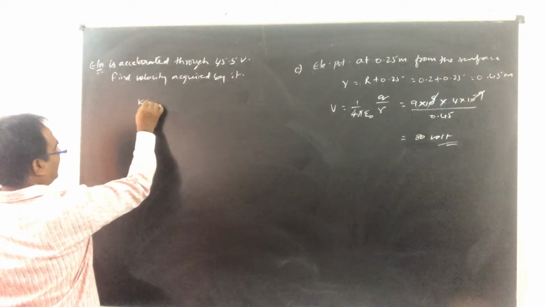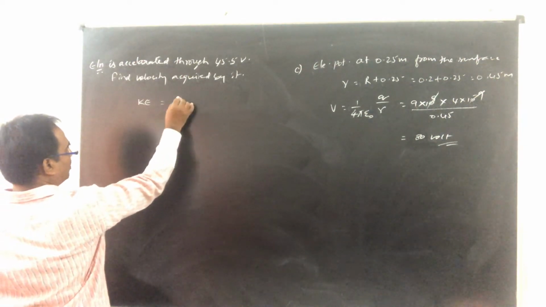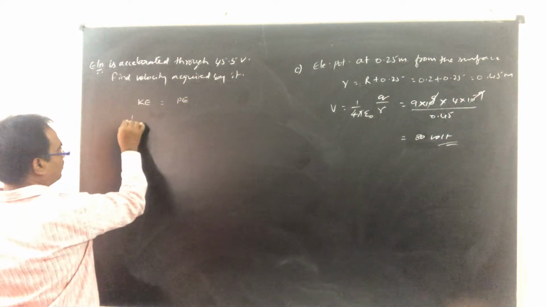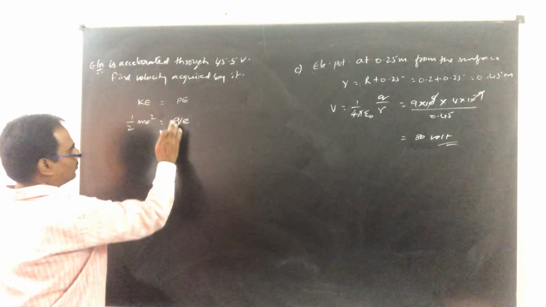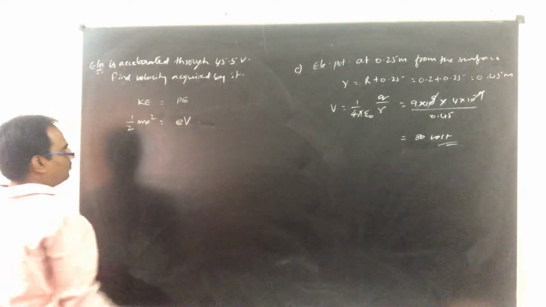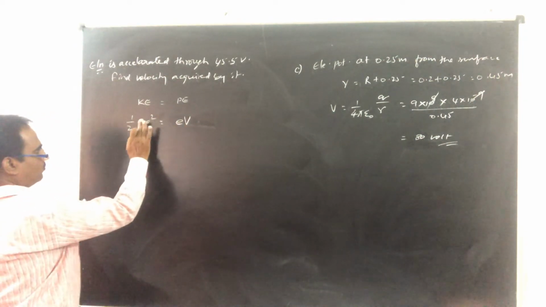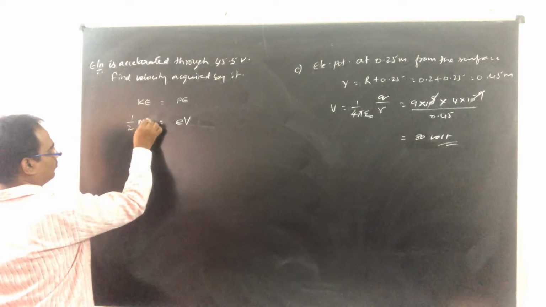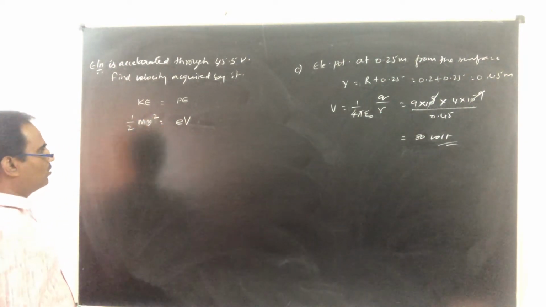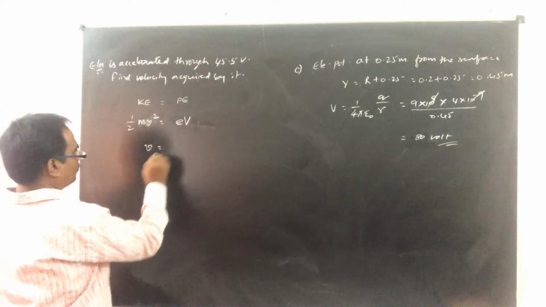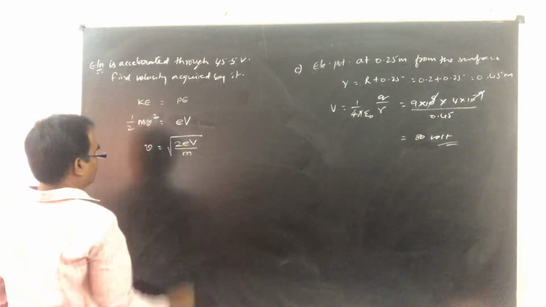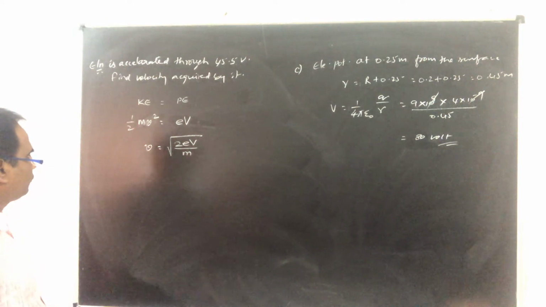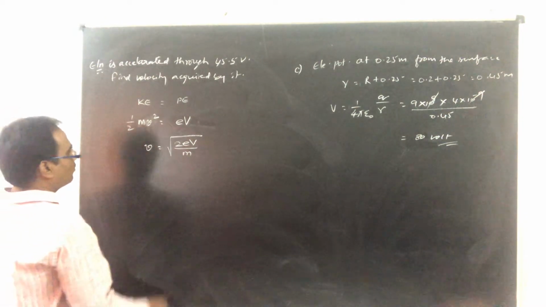So, kinetic energy acquired by the electron is equal to potential energy. That means half mv square is equal to eV. So v is equal to square root of 2eV divided by m.